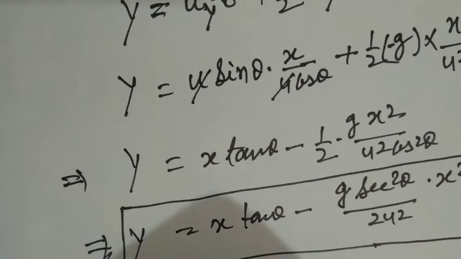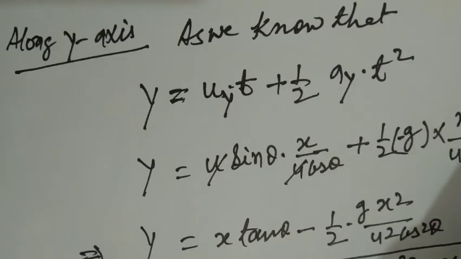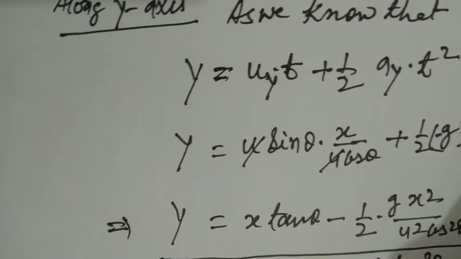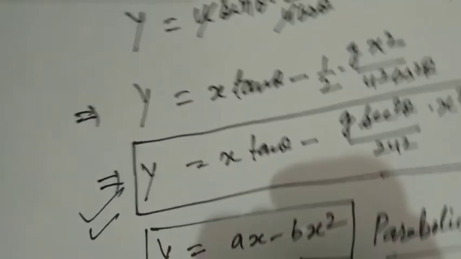It generally comes into the exam what will be the path followed by the projectile. So the path followed by the projectile is parabolic. Understand?